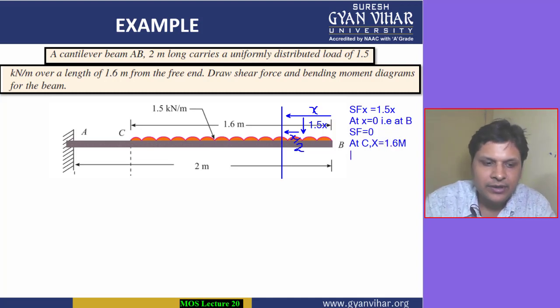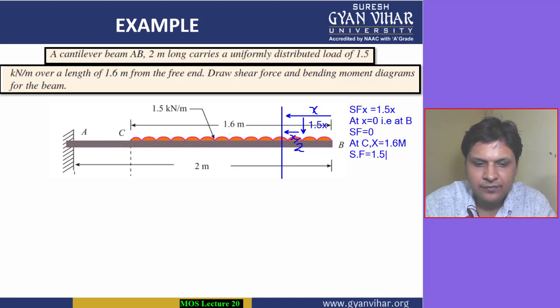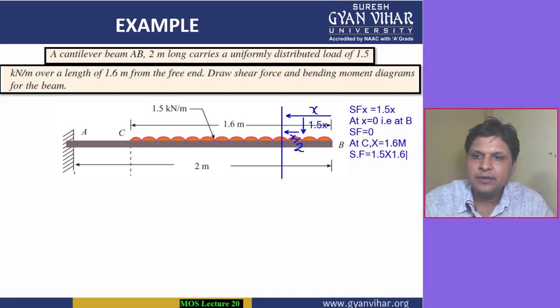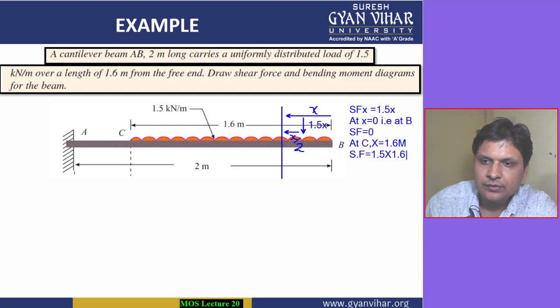All right, so putting it, you will get the value of shear force at C equal to 1.5 into 1.6. It is equal to how much? 2.4. Yes, 2.4. So this is the value which you are getting, equal to 2.4.